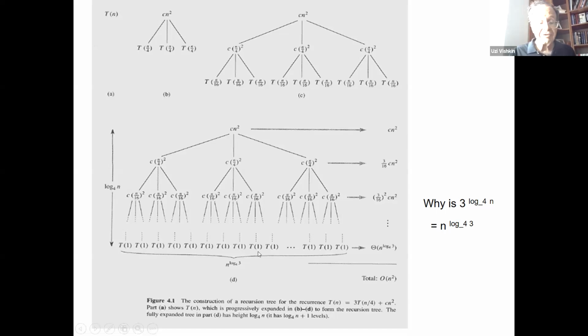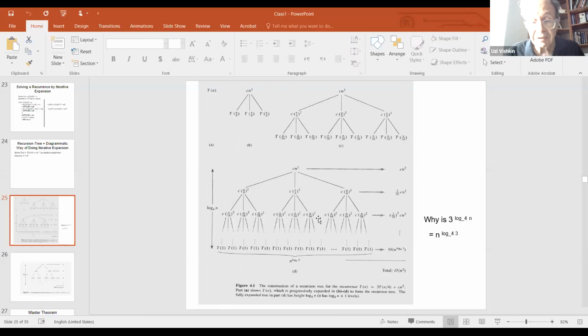And the other thing that we observed in this slide is that you can express the leaves as a power of 3. And in this case, it will be 3 to the power of log base 4 of n. I hope that this is clear.